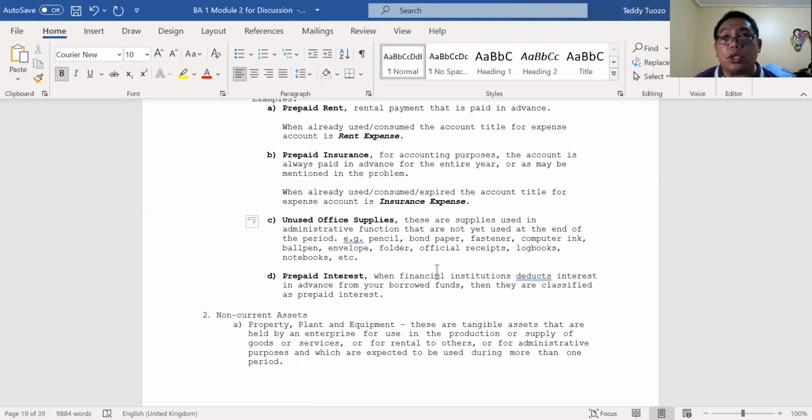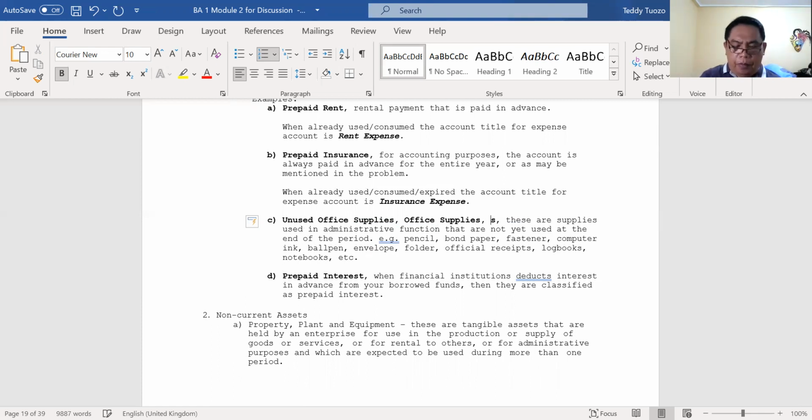Those that I even mentioned to you in module 1 or the previous meeting that we have. So these are unused supplies, or the account title actually used is office supplies, or simply supplies account will do.